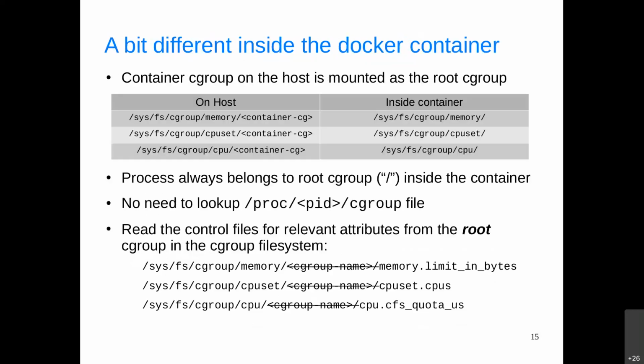So far we have been looking at C groups on the host system directly, but things are slightly different when it comes to containers. This is because when you start a container, the container runtime creates a new C group on the host file system, and this C group directory is what gets mounted as the root C group inside the container.